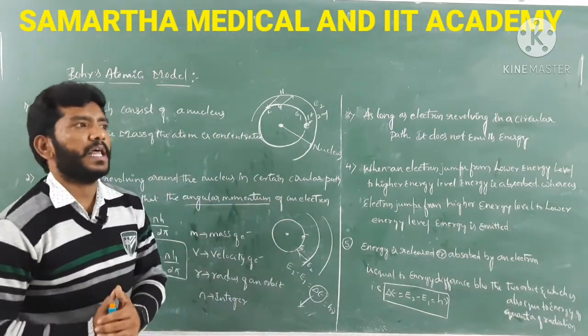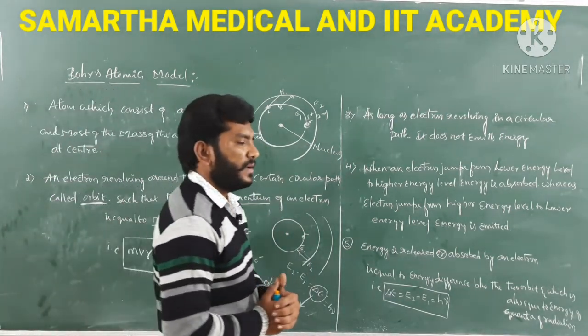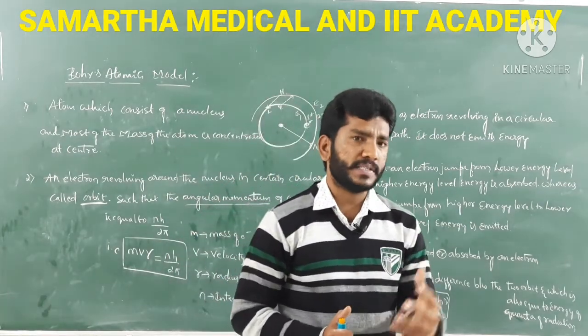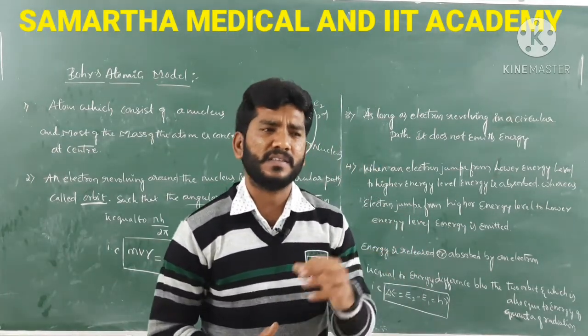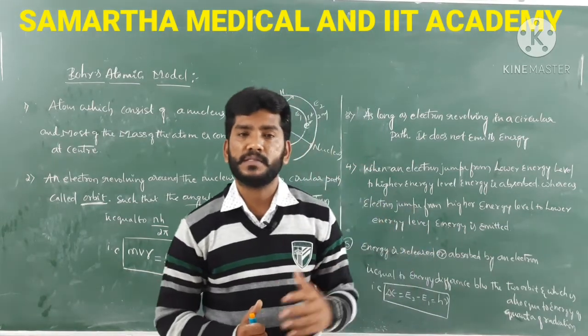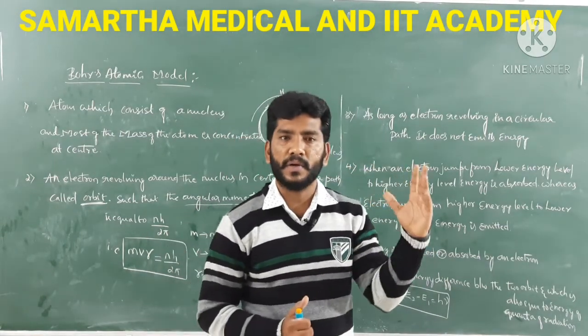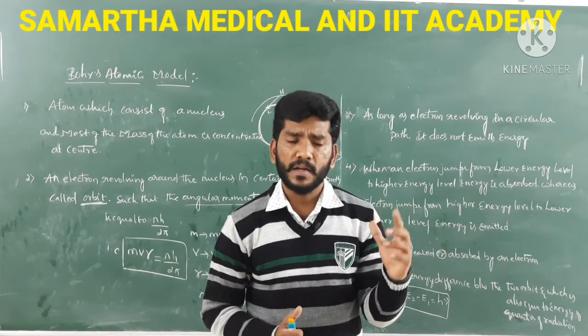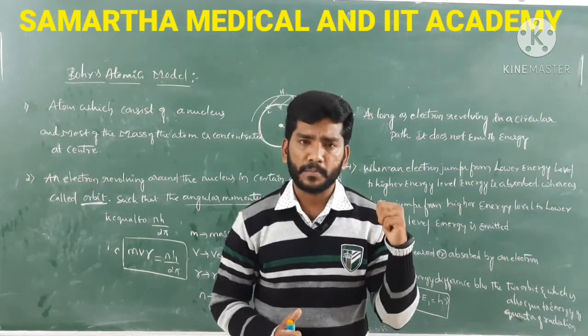So generally, in order to understand the hydrogen spectrum, how electrons make their transition from one state to another, or from a lower level to a higher level, can be explained based on Bohr's atomic model.